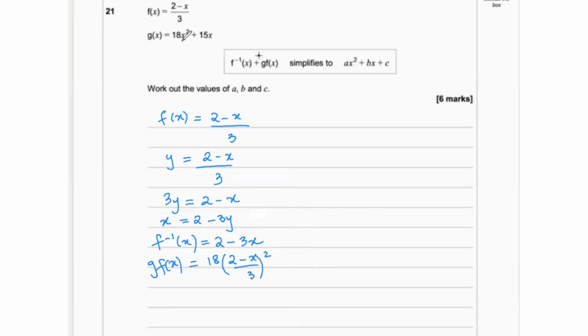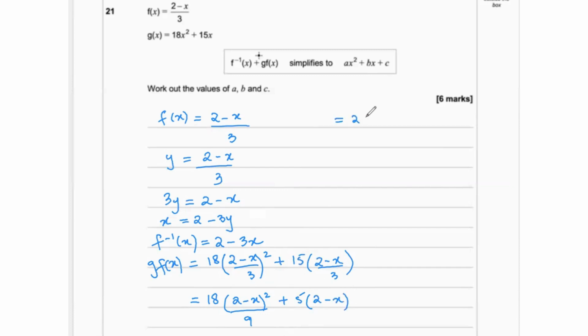As you can see, I replaced x with f(x), plus 15 times (2 − x) over 3. That's going to be 18 times (2 − x)² over 9 because 3 squared is 9. And this becomes 5 times (2 − x) because 15 divided by 3 is 5.